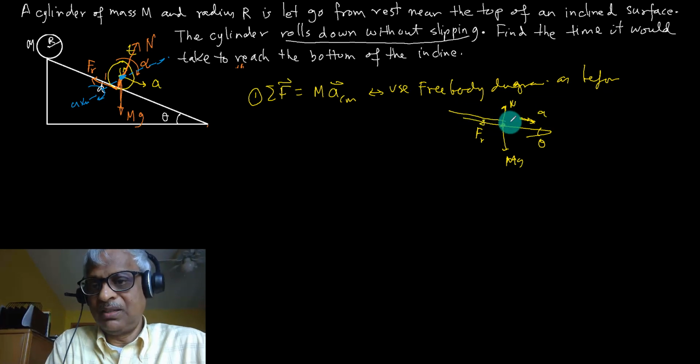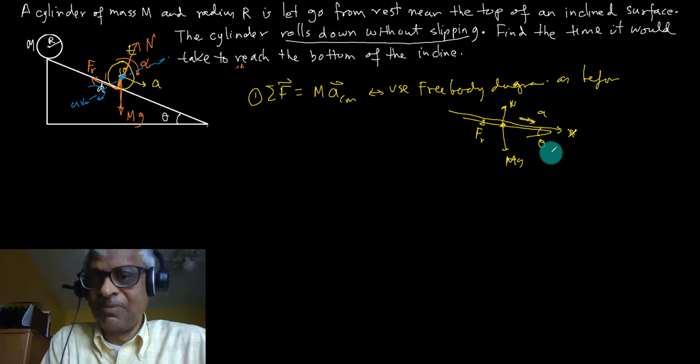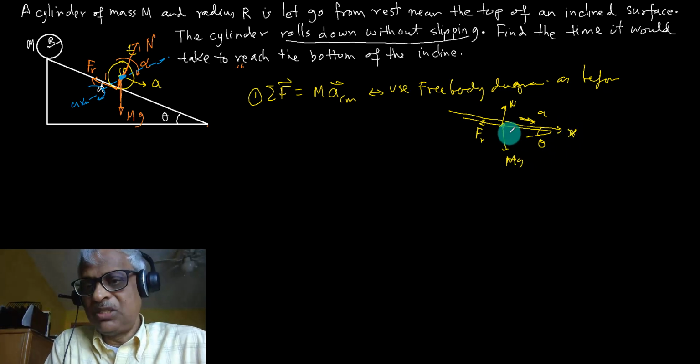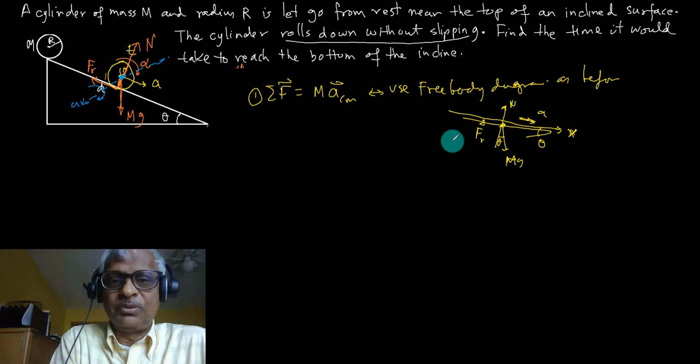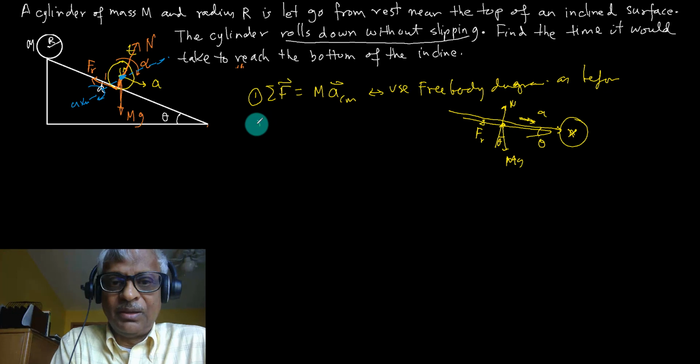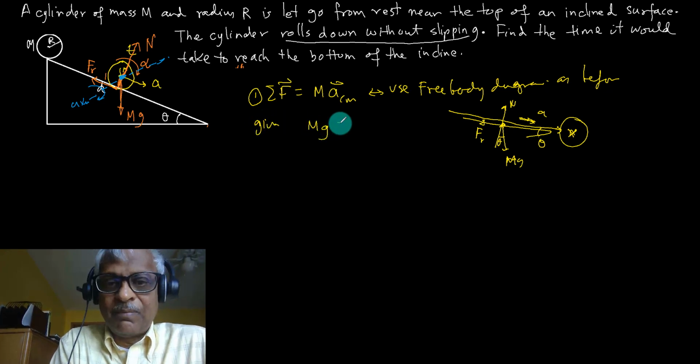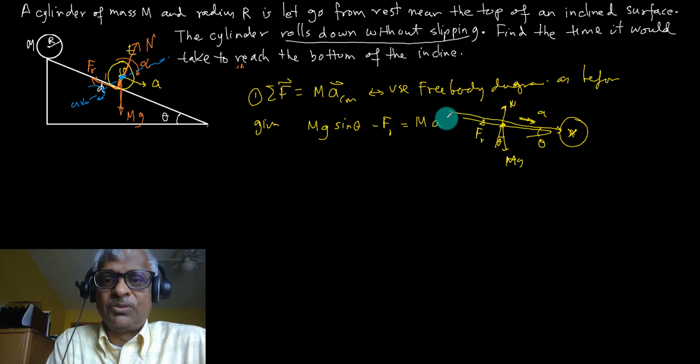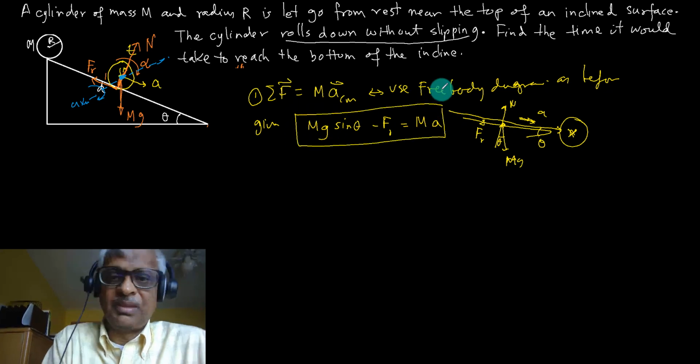We only need an equation along the x-axis, so the Mg component in that direction, with angle theta, gives along this axis Mg sine theta minus Fr equals Ma. So this is one equation we get.